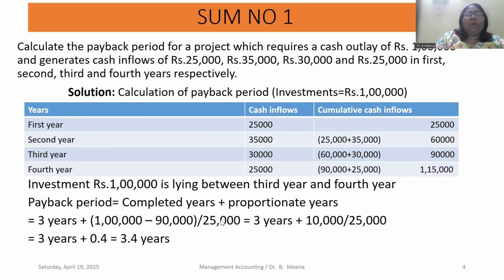So 10,000 divided by 25,000 is 0.4. So 3 years plus 0.4, I'll get the answer as payback period 3.4 years. That means the investment of 1 lakh, you will get back within 3.4 years.